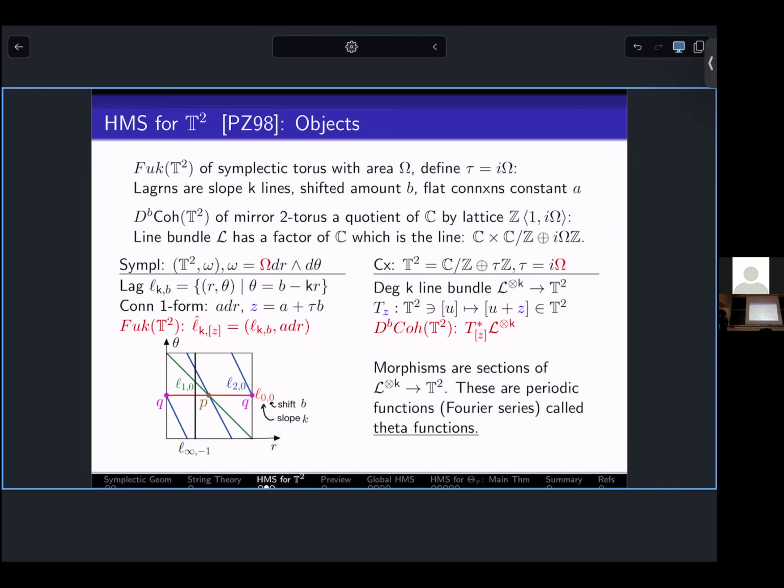We have sections of these degree k line bundles, which if you pull it back to C, are just going to be periodic functions, which have a Fourier series expansion. So we can write down concretely what they are. They're the theta functions, and their zero set is the theta divisor, which is the title of the talk: mirror symmetry for those.